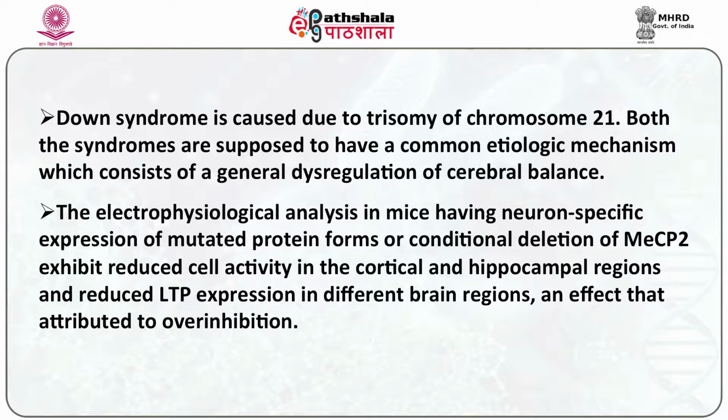The electrophysiological analysis in mice having neuron specific expression of mutated protein forms or conditional deletion of MECP2 exhibits reduced cell activity in the cortical and hippocampal region and reduced LTP expression in different brain regions, an effect attributed to over inhibition.